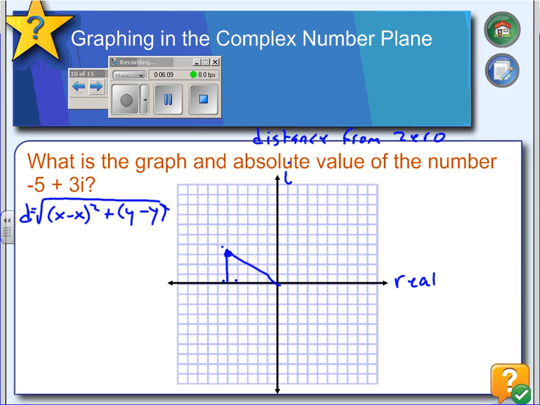So along the x-axis we have 5, and along the y-axis we have 3. So the distance is going to be 0 minus 5, which is 5. 5 squared is 25. And 0 minus 3 is 3. 3 squared is 9. So the distance would be the square root of 34. So the absolute value of -5 plus 3i is square root of 34.